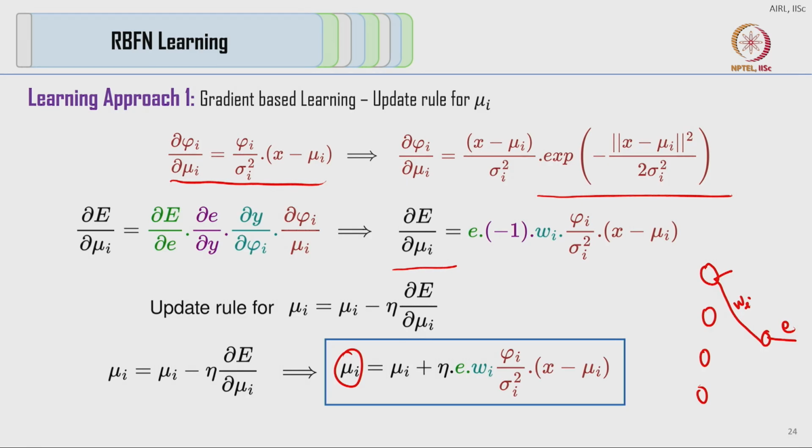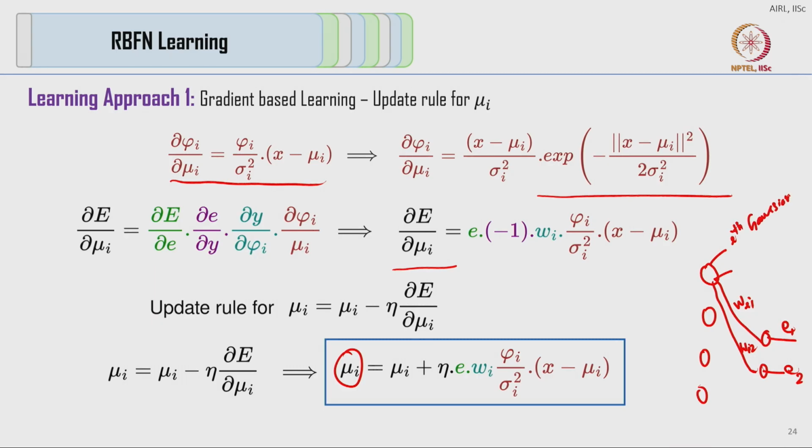Remember, we have taken for simplicity a single input, single output system. You can generalize when you have more errors. Let us say this is E1, then you have E2, then the error contribution will involve Wi1 and Wi2. The error contributed by output neuron 1 as well as output neuron 2, multiplied by the corresponding weights, will tell you the error contributed by the ith Gaussian neuron.